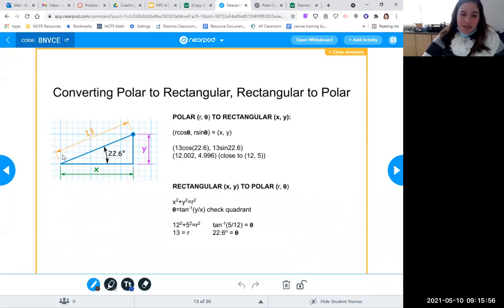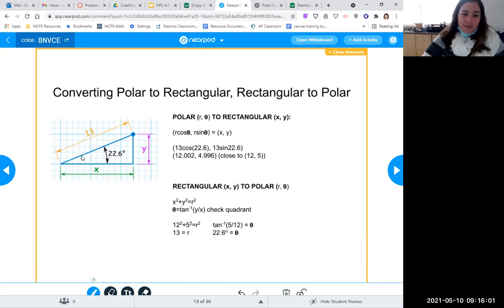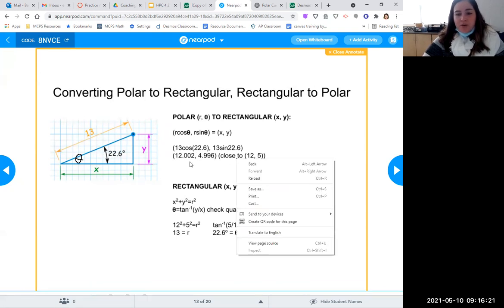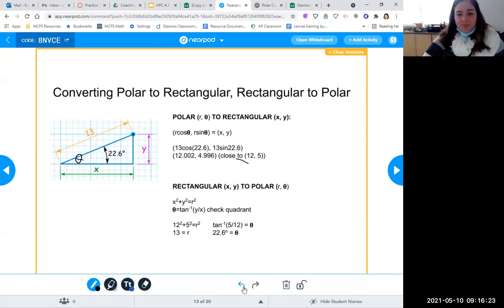Because if this is your angle, the cosine of your theta would be x/13. So if you multiply both sides of that equation by 13, it would be your x distance, and then the same for y, okay? So if we did 13 cosine 22.6, we get numbers, this is because of rounding, but we get numbers that are pretty close to 12, 12.5.